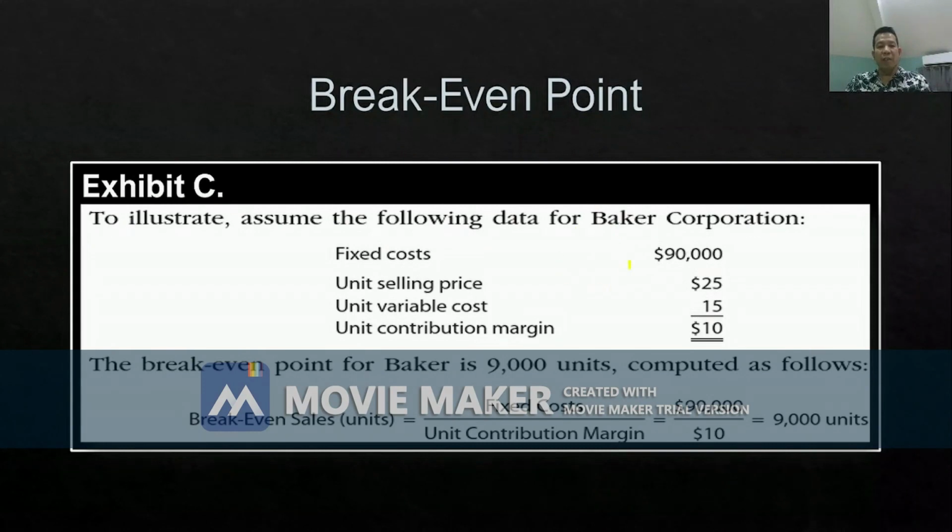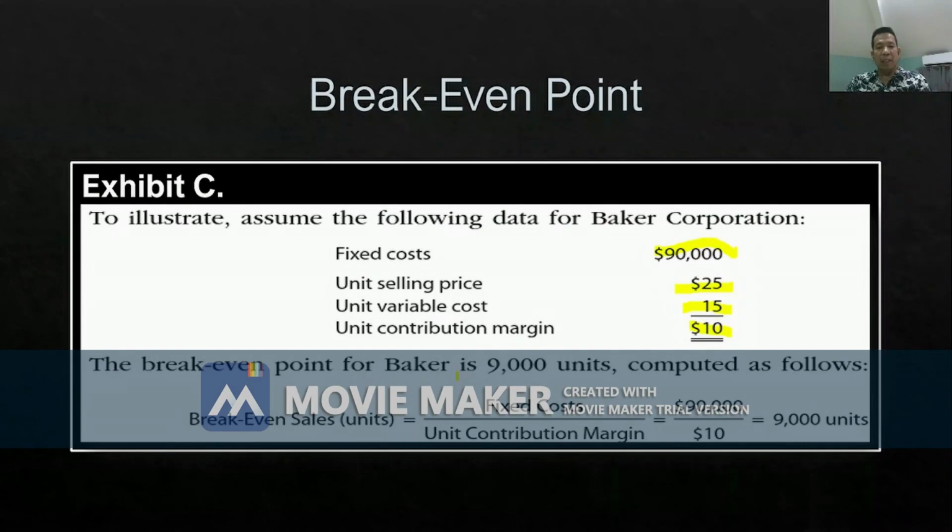Beaker has a fixed cost of $90,000, a unit selling price of $25, and a variable cost of $15. So the unit contribution margin will be $10.